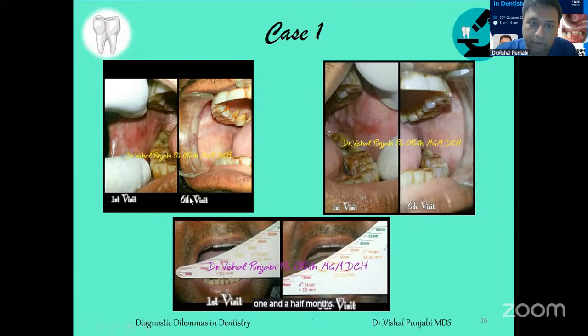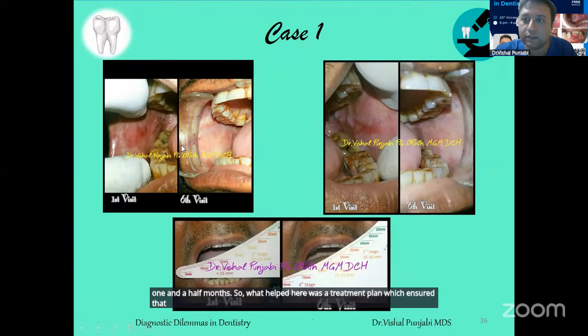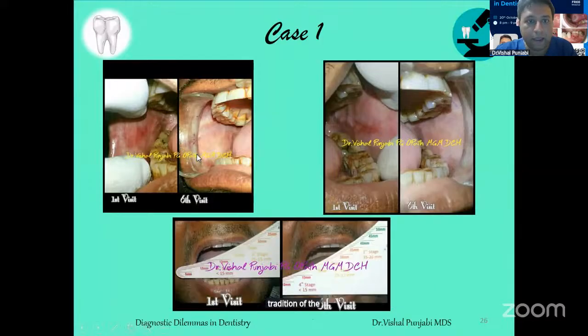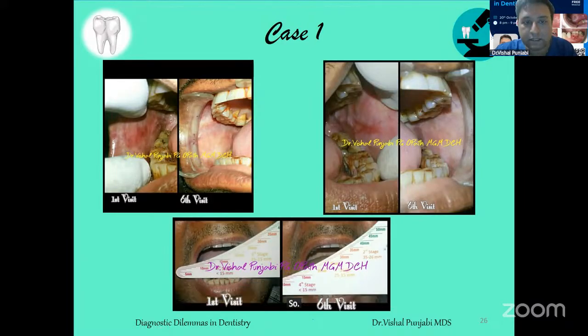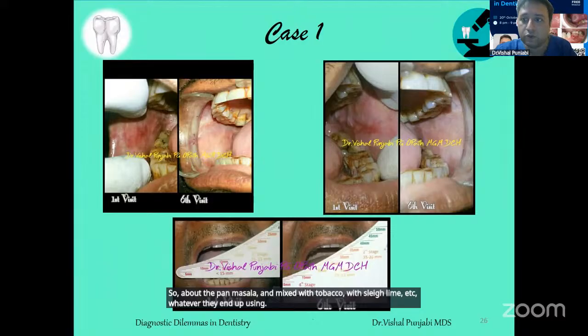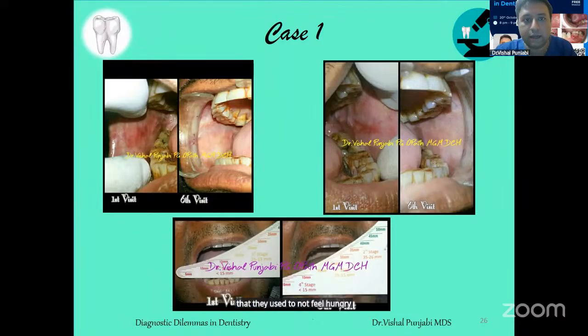So what helped here was a treatment plan which ensured that the first is cessation of the habit. And when we evaluated this particular patient, they said that because they were having so much tobacco, the pan masala mixed with tobacco, with slaked lime, etc., whatever they end up using, they used to not feel hungry. And we see that yes, many a times it suppresses the hunger.